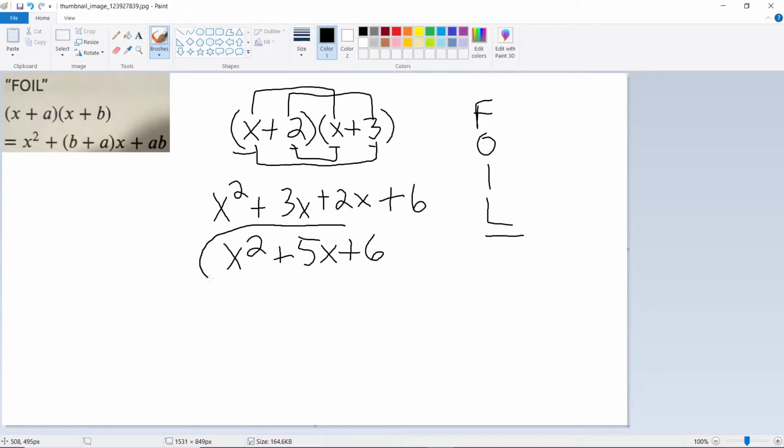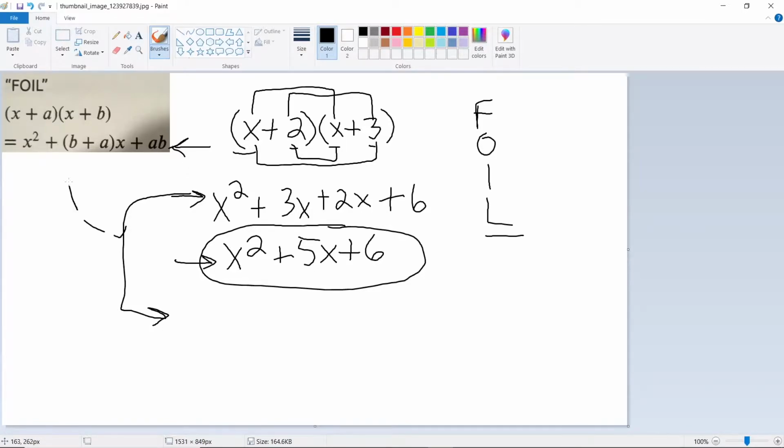And that's correct. However, sometimes for factoring, especially when you start with this, you may want to remember what this FOIL pattern looks like, because this could help you break things up. So we could rewrite this one in the style of this.